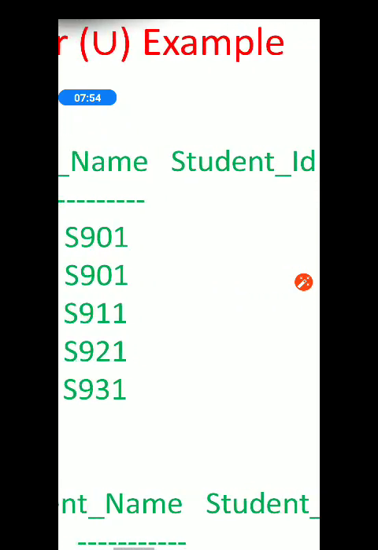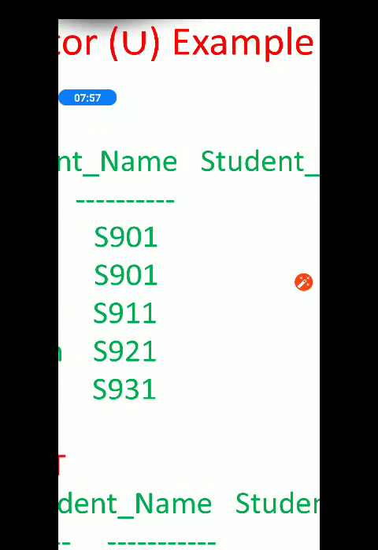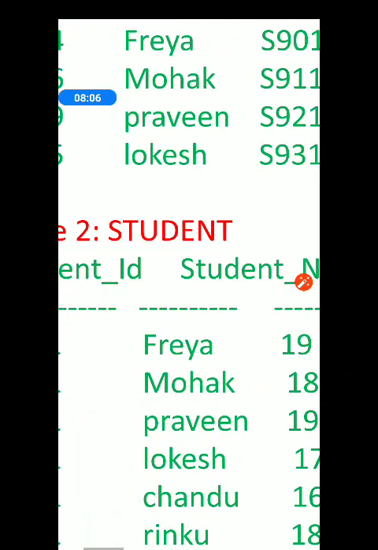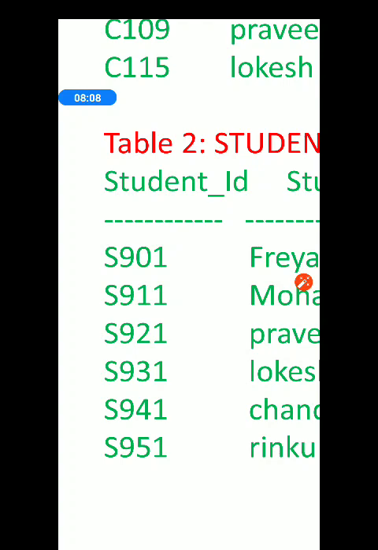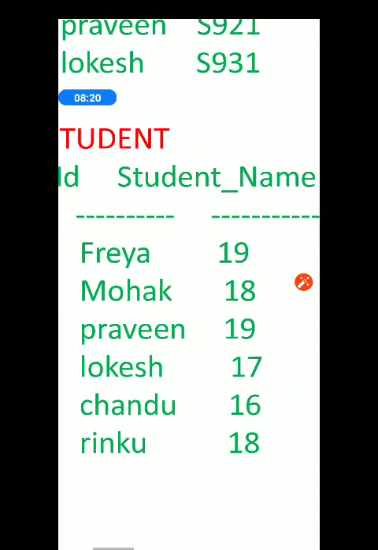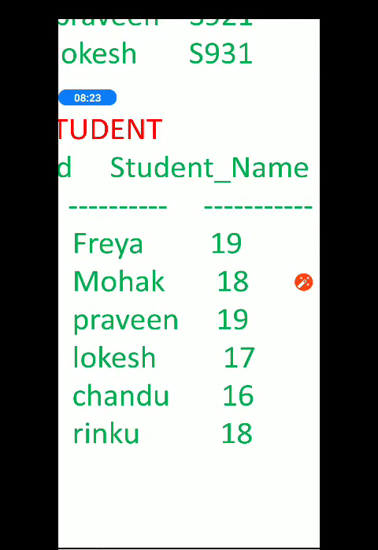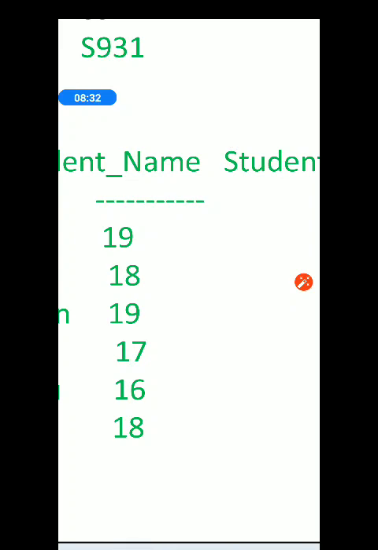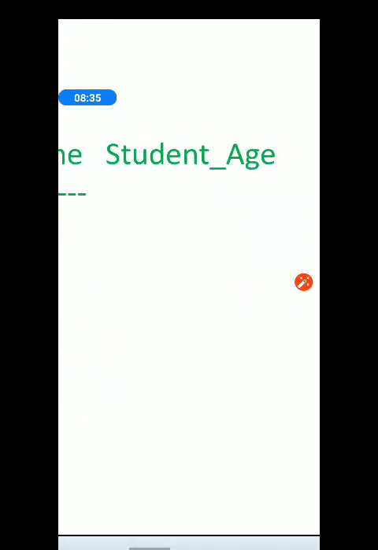Under student ID we have S901, S901, S911, S921, S931. And please take down the student table. Under student table we have student ID S901, 911, 921, 931, 941 and 951. Then we have the student name Freya, Mohak, Praveen, Lokesh, Chandu and Rinku. Then we have student age 19, 18, 19, 17, 16, 18.